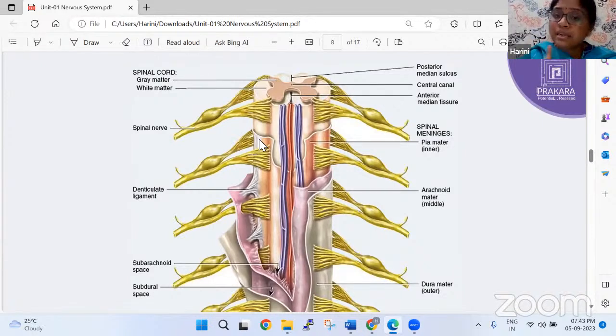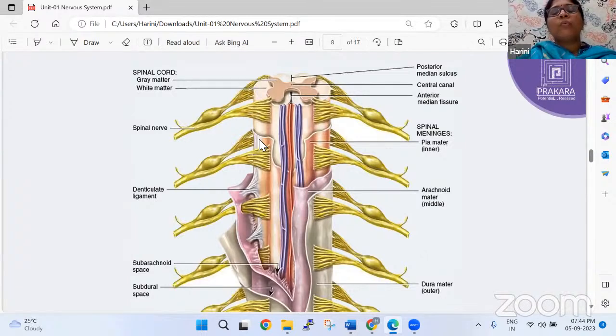It has many layers which protect it. As I've told, ventricles are again carrying the cerebrospinal fluid, protecting it. Based upon the regions, it is divided into 5 regions: cervical, thoracic, lumbar, sacral, and coccyx.